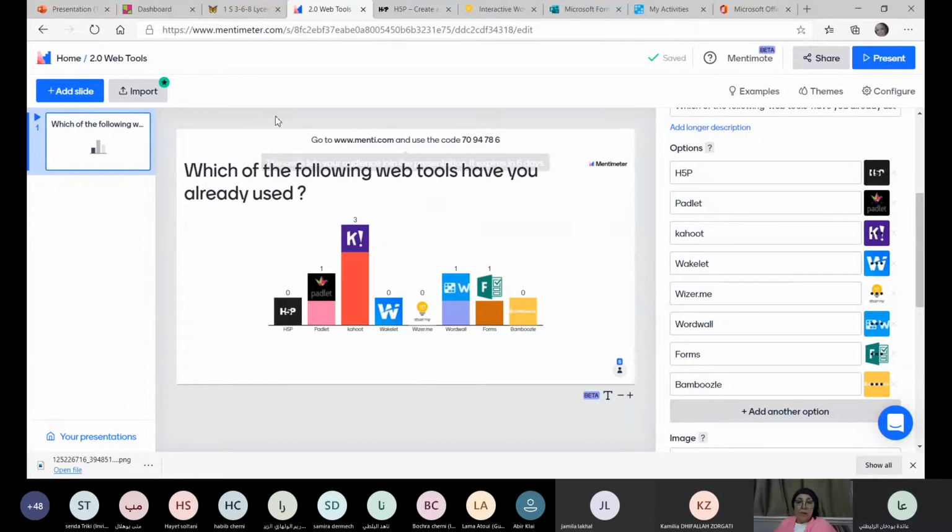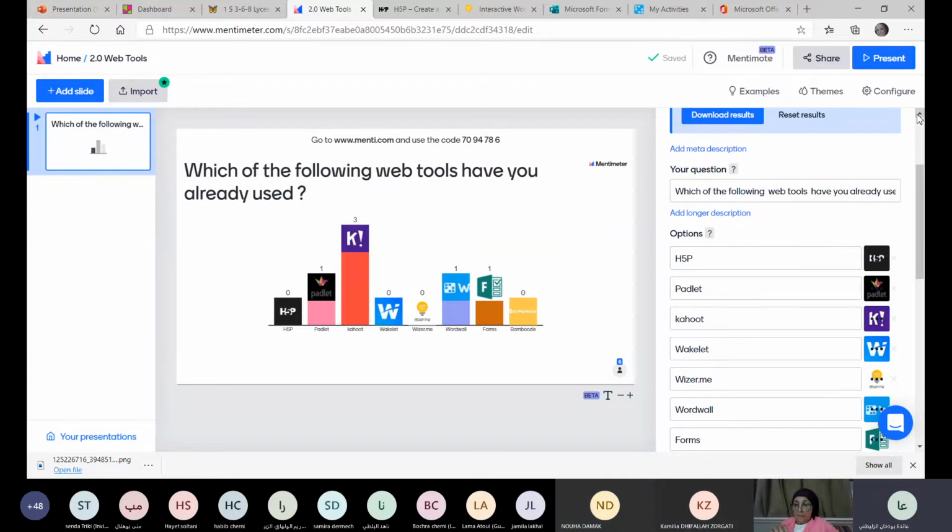Yeah, okay, it is not multiple choice. This is not a multiple choice, actually. Okay. It is voting.